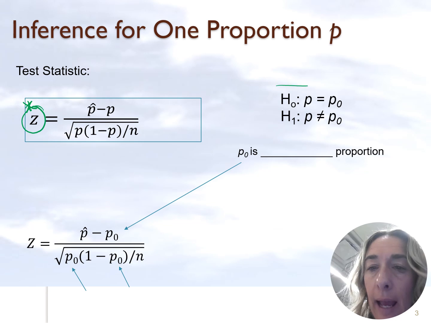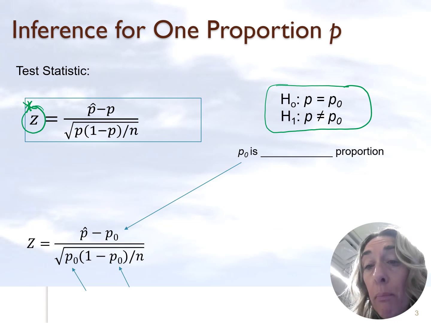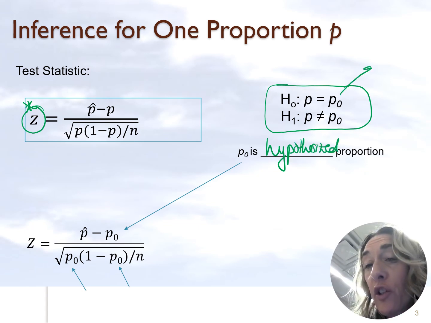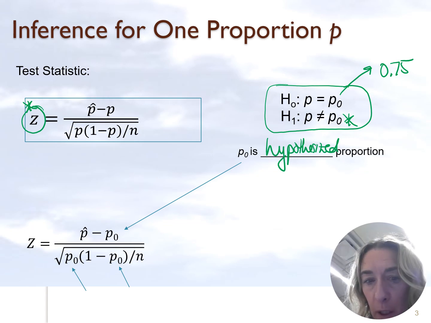So let's say our null and alternative hypotheses are set up as follows. p, or population proportion, equals some hypothesized proportion. We don't know what that is, but it's some hypothesized proportion. So for example, maybe that's 0.75. The alternative for a two-sided test is that p is not equal to p naught.